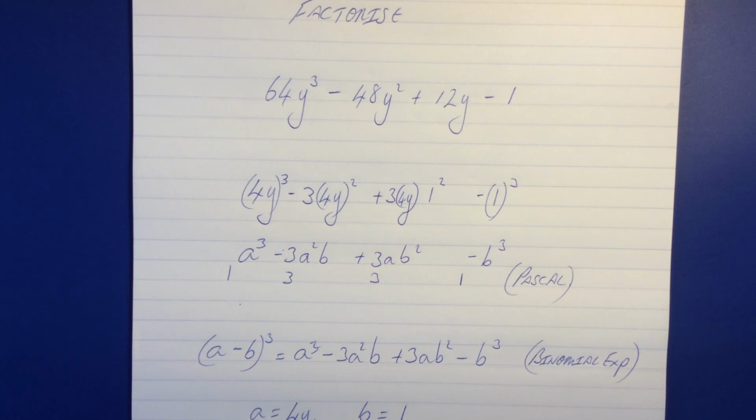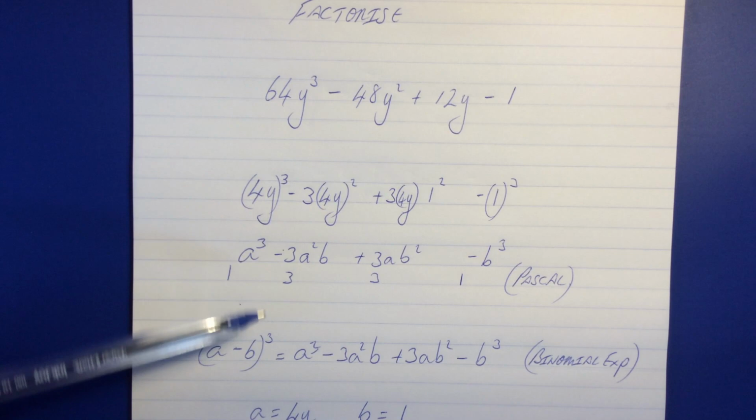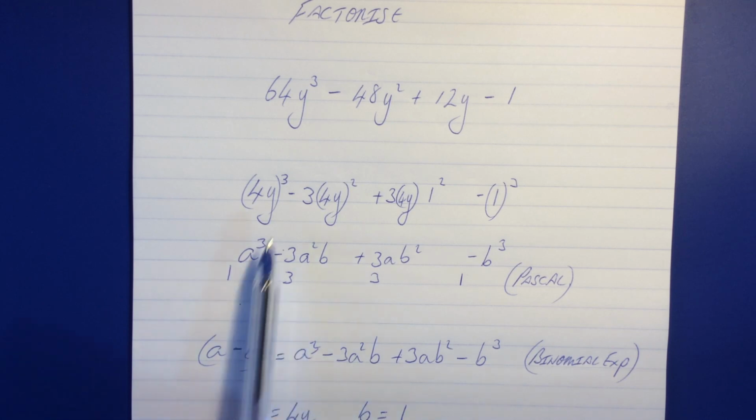And so if we get to this point, if we get to the point where we've started up here and what we've recognized is that we're dealing with something like this, all we have to do is figure out what a and b is, if it fits the pattern.